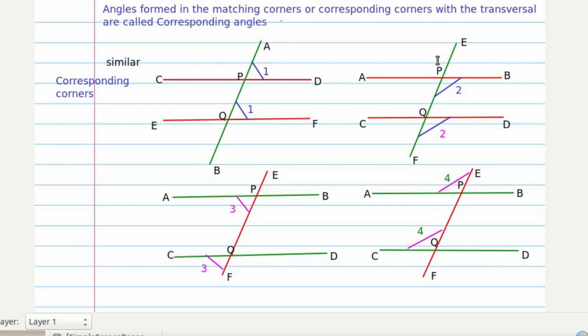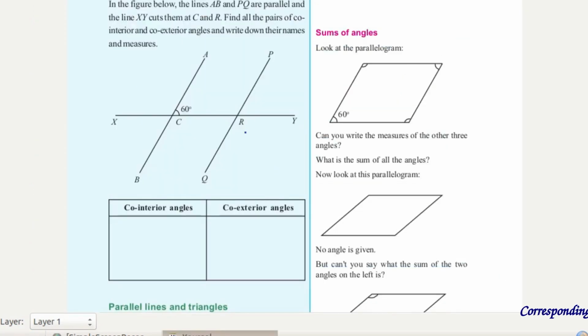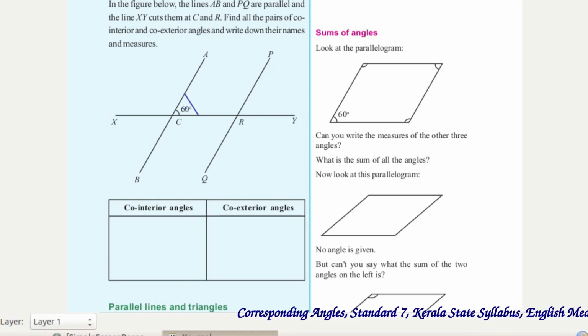Now let's go to your maths textbook, page 25. This is your textbook. Look at this here. There is a 60-degree angle here. As I told you earlier, where do you see another angle exactly in the same position?